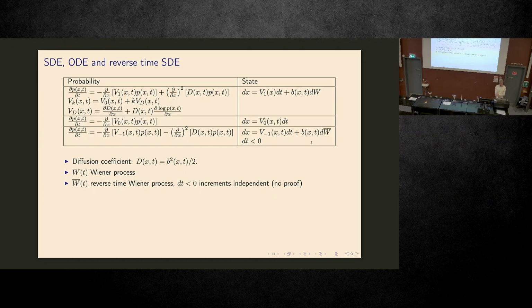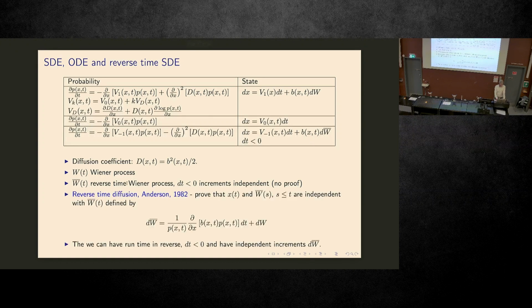So that requires a longer proof, and that's this very famous paper by Anderson from 1982, where we define a new Wiener process in this way, and then we prove that X and this new Wiener process are independent for times before xt.